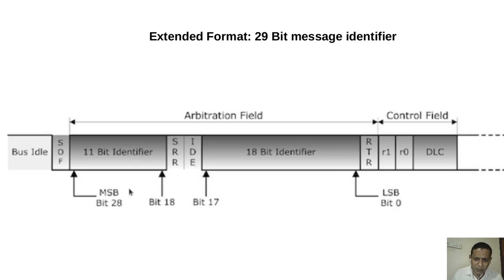Previously the MSB of the 11-bit identifier came here, but here the MSB of the 29-bit identifier will come here, and the LSB will come here. Again the data length code, R1, R0, like that. This is the control field. So there is a change in the control field, you can see.